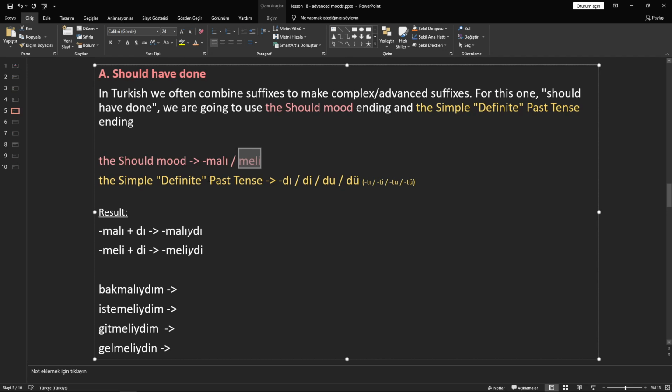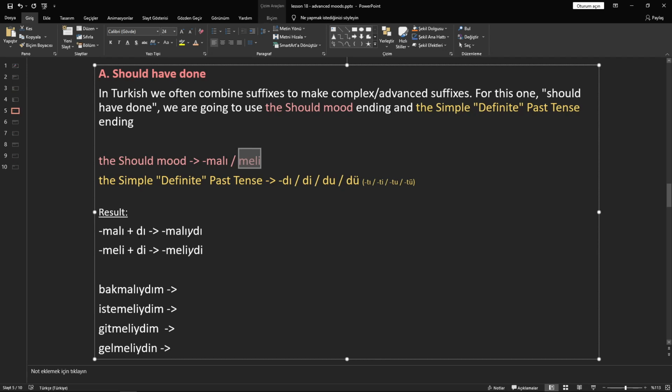For now we will have the definite, the seen ones, you saw them yourself. For example, the endings for past tense, and you combine malı with the.